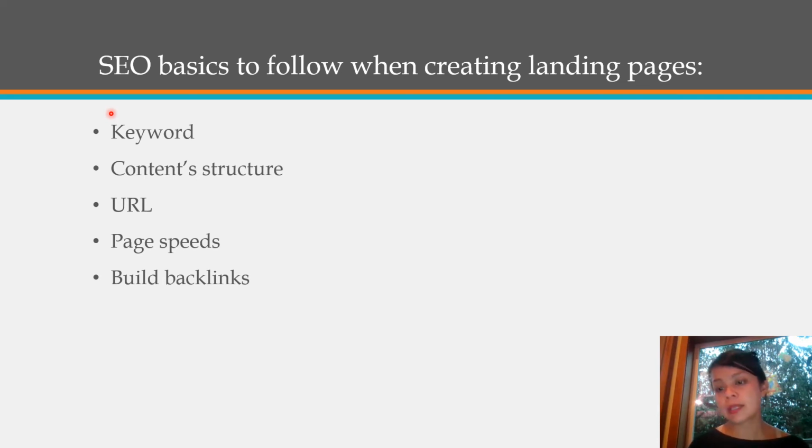Some of this stuff is going to be repetitive as the weeks go on, but that's good. It means that you remember it the more we repeat it. So the SEO basics we're going to talk about in the following slides are keyword, content structure, URL, page speeds, and backlinks, all things we talked about in first class.